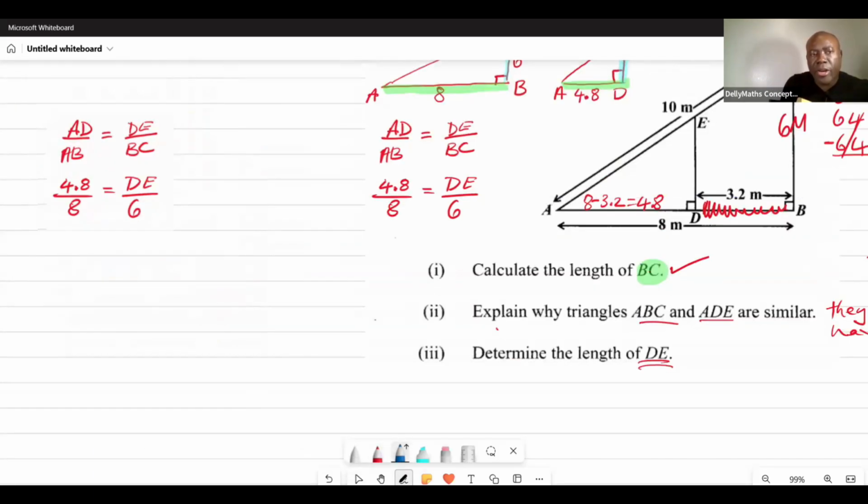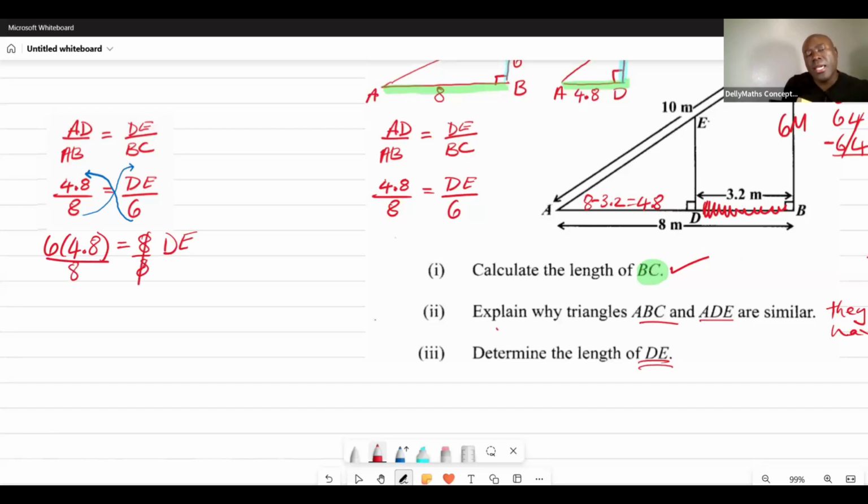What we could do is employ cross multiplication. So we're saying 6 times 4.8 will be equal to 8 times DE. That's just one of the ways we could do it. So let us just do this quickly. 6 times 4.8 will be equal to 8 times DE. In order to find DE, I'm going to divide by 8. All right, so there it is.